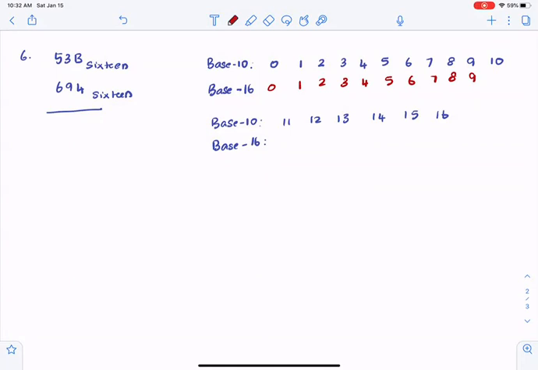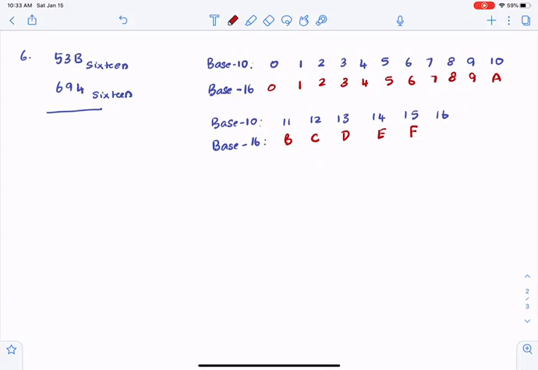So what we do is we end up using letters A, B, C, D, E, F. That's what we did last time. So we have B. B corresponds to 11.